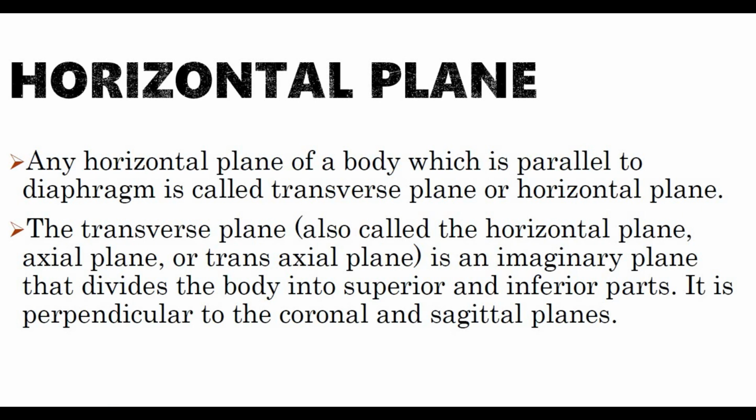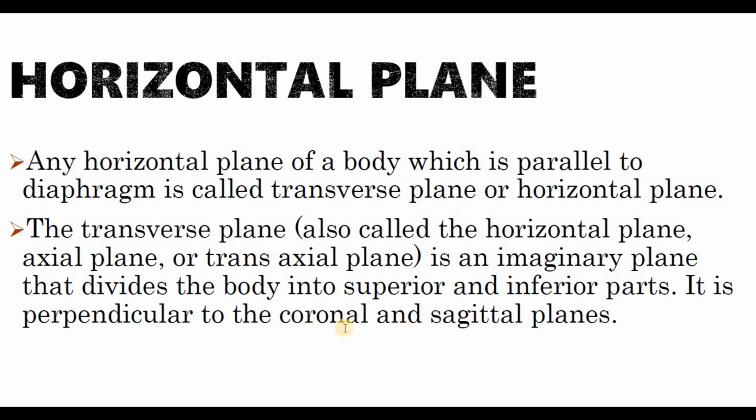So next we are moving to the horizontal plane. The horizontal plane of the body is all lying parallel to our diaphragm, okay, the respiratory muscle. It is called as transverse plane or else the horizontal plane. This transverse plane, also known as the horizontal plane or transaxial plane, is an imaginary plane which divides the body into superior and inferior parts, that is up and down, okay, upper part of the body and the lower part of the body.